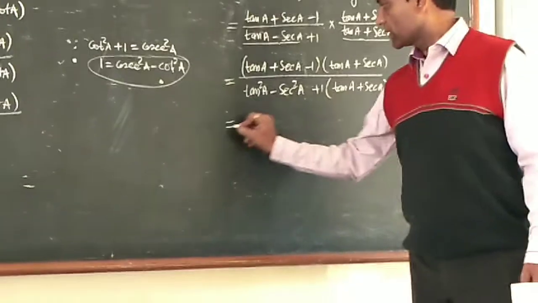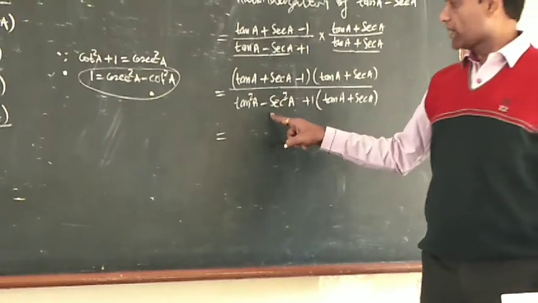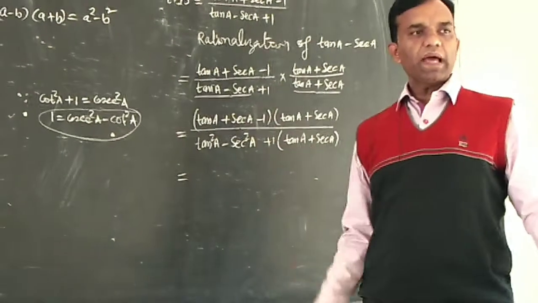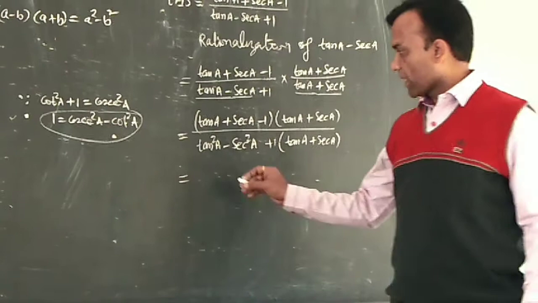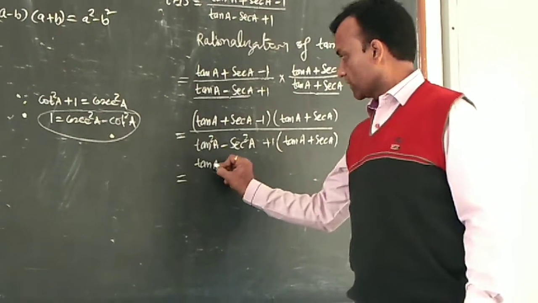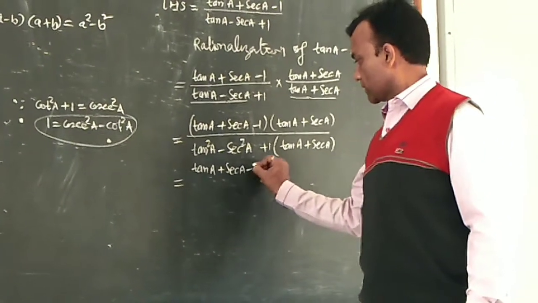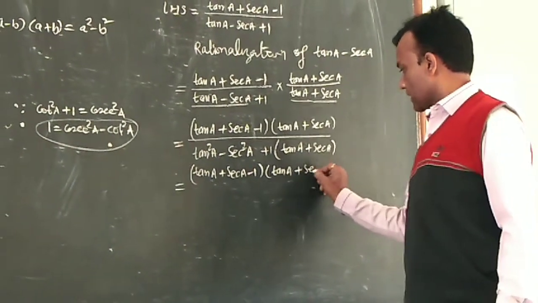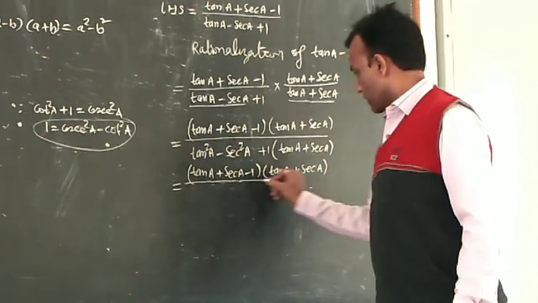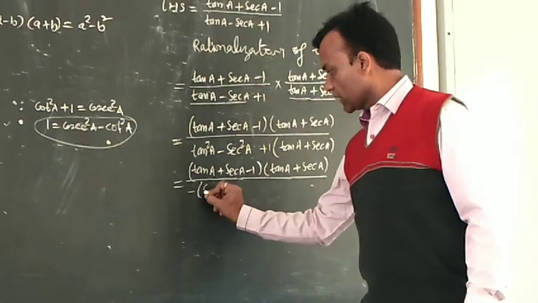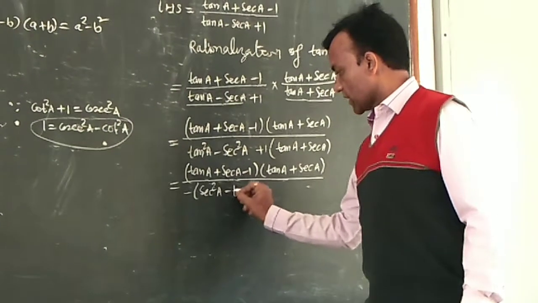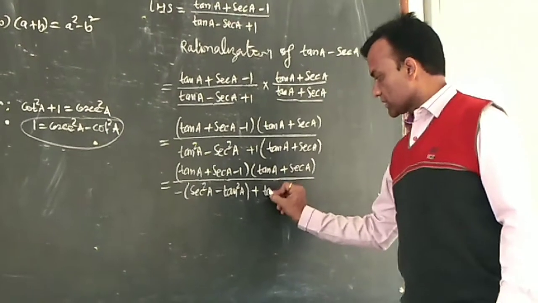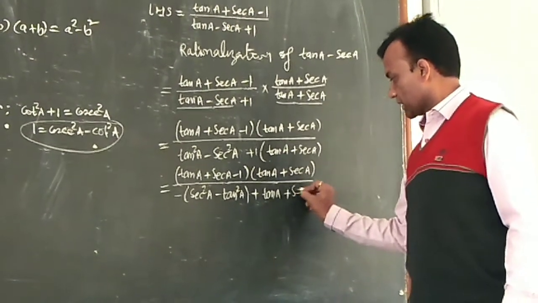Okay, then again you have the same situation here. Your identity is in the form sec square minus tan square, but your expression is tan square minus sec square. So you take minus sign common here, then sec square a minus tan square a. Now we have converted it, and this value you put as it is, tan a plus sec a.